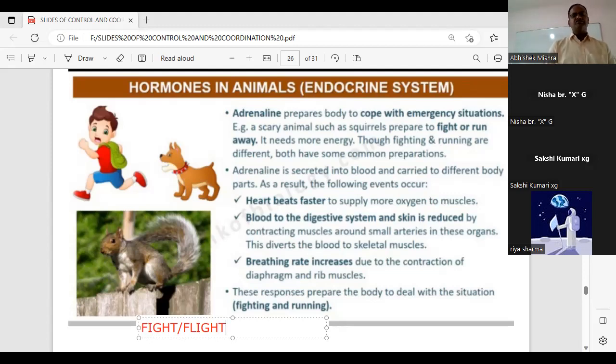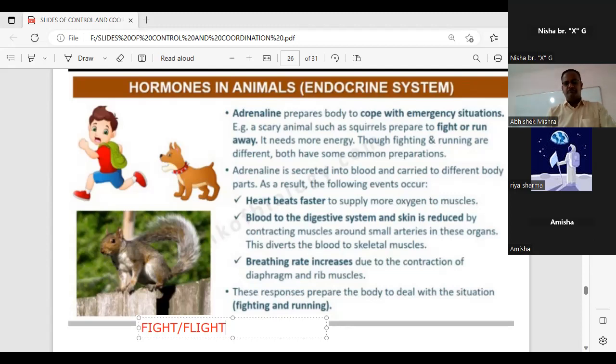What is common in this situation? Fight or flight. Anyone? Please unmute yourself. Raise your hand so that I can unmute you. What is common in the two situations, fight or flight? Okay, again, Nisha, I will give the opportunity. Yes, Nisha?